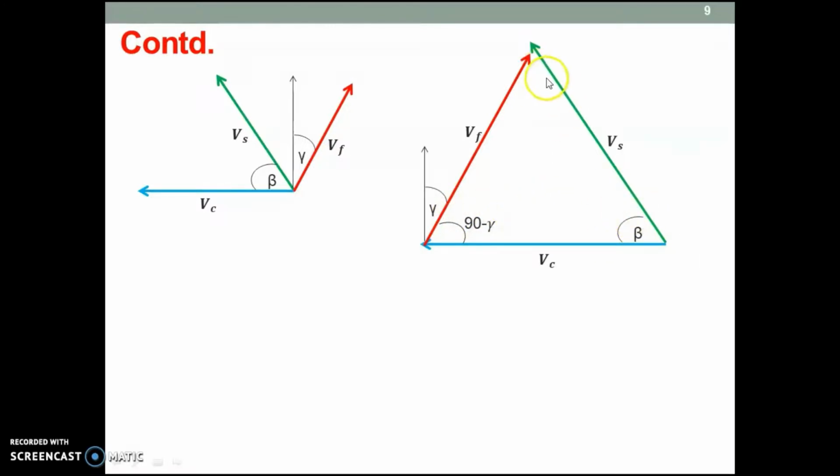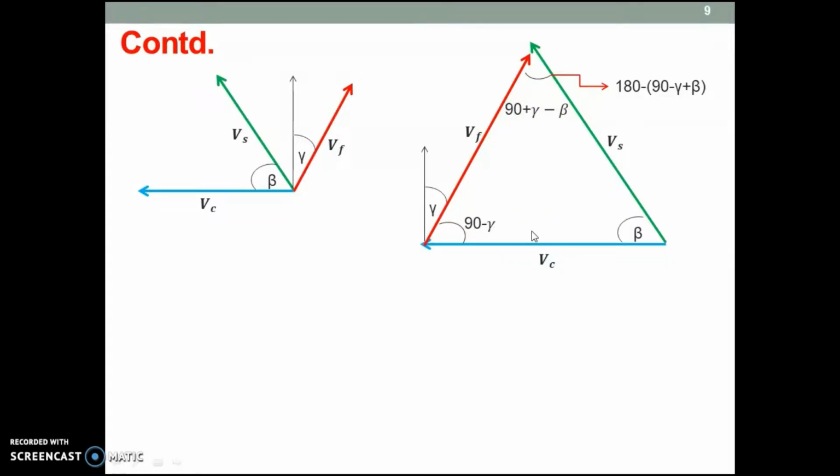What about the third angle? The sum of internal angles is 180 degrees, so 180 minus 90 minus gamma minus beta, which is 90 plus gamma minus beta. So we have identified all three angles: beta, 90 minus gamma, and 90 plus gamma minus beta.